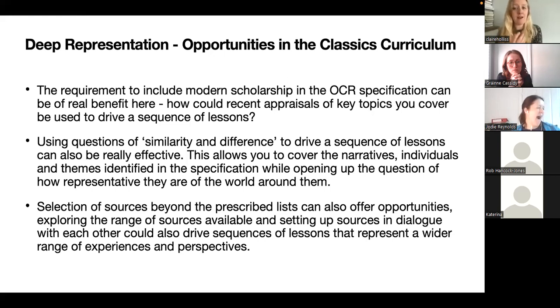That allows you to cover the narrative you need to cover, whilst also opening up alternative stories which you're placing in opposition to it, and therefore opening up the question of how representative it is.